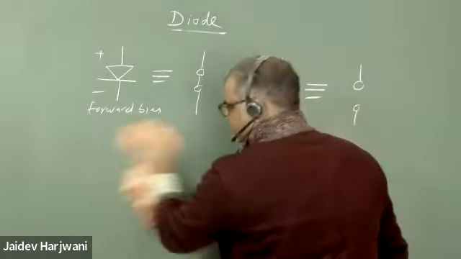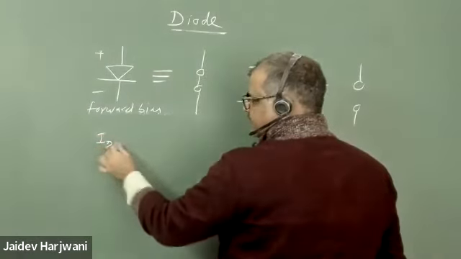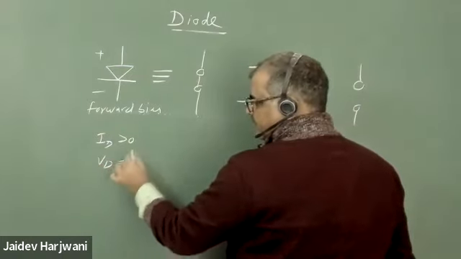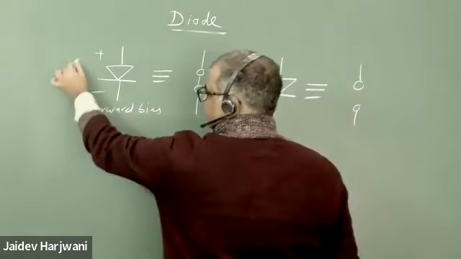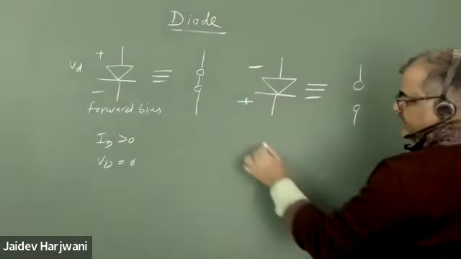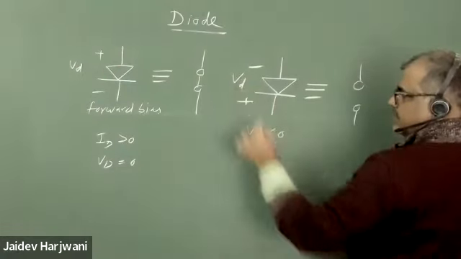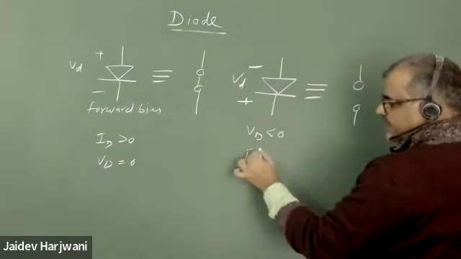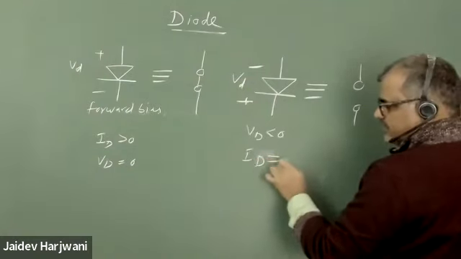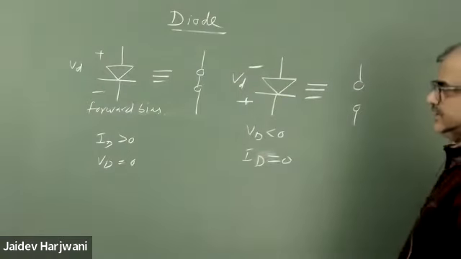What I can write here: if ID is flowing through the diode, then VD across the diode is 0. Similarly, if VD is negative across the diode, then ID is 0, the current flowing through the diode is 0. That means the diode can be replaced by an open circuit.